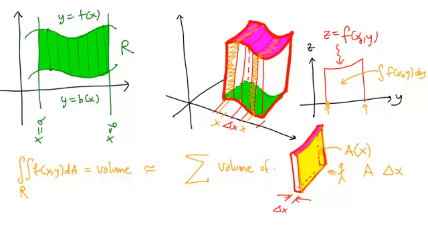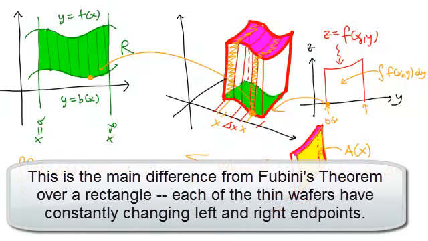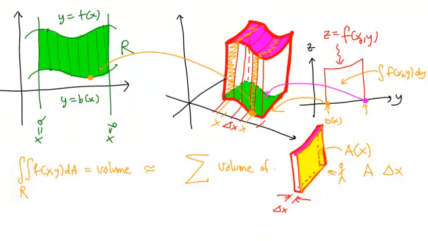Now, what is this left value? Well, this leftmost value in the standing-in-front picture would actually be the bottom value in the three-dimensional picture, this particular point on the bottom. Y would be b of x. On the other hand, the rightmost point, which would be this point in the three-dimensional picture, would be the corresponding point on the top.